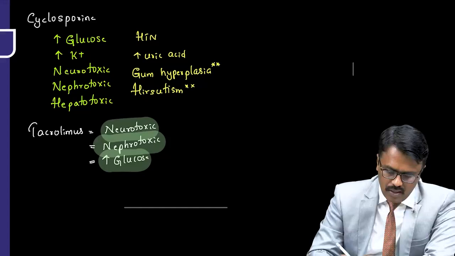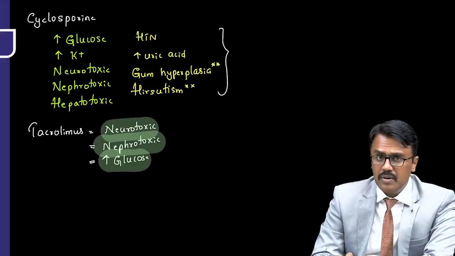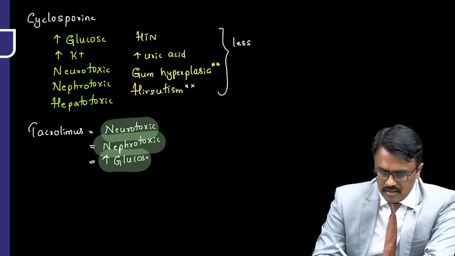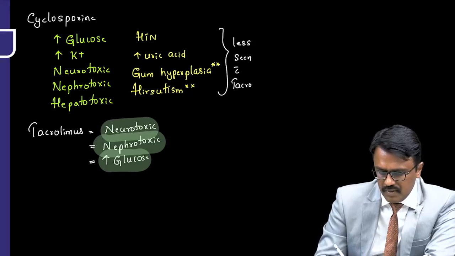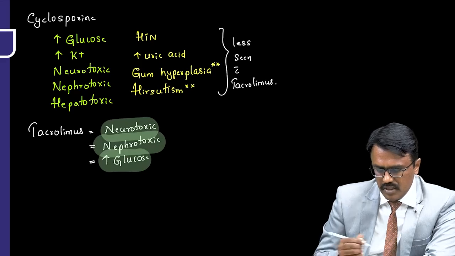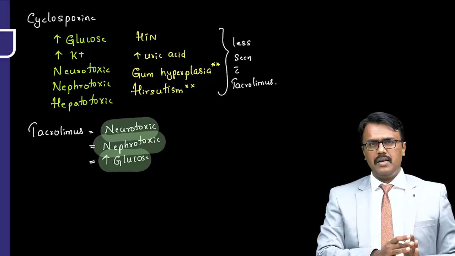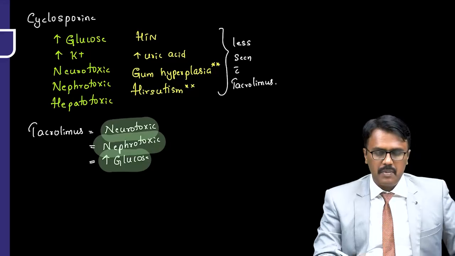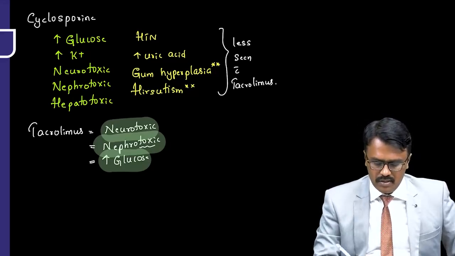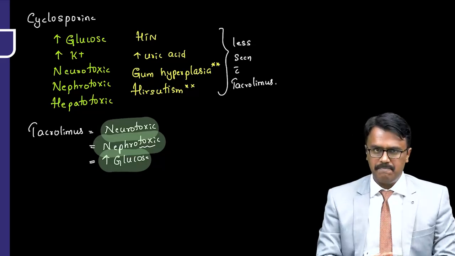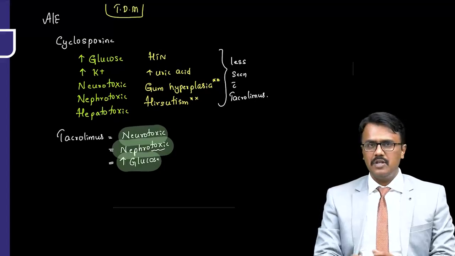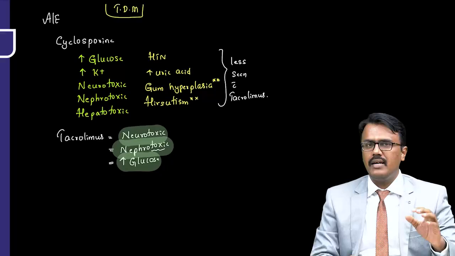Even hypertension, hyperuricemia and gum hyperplasia are seen with tacrolimus, but less so. So that is the difference. Basically, remember gum hyperplasia, hirsutism and nephrotoxicity. These are the most important things to remember. Clear? So we are done with the calcineurin inhibitors, cyclosporin and tacrolimus.